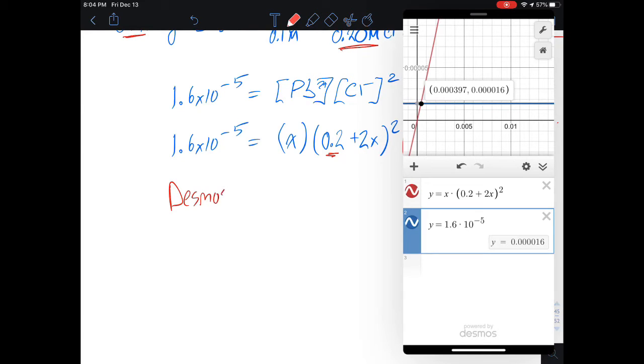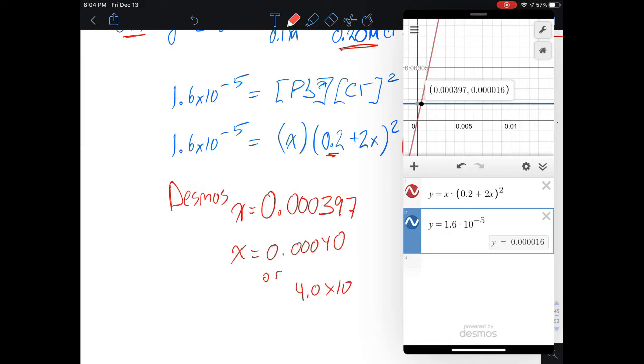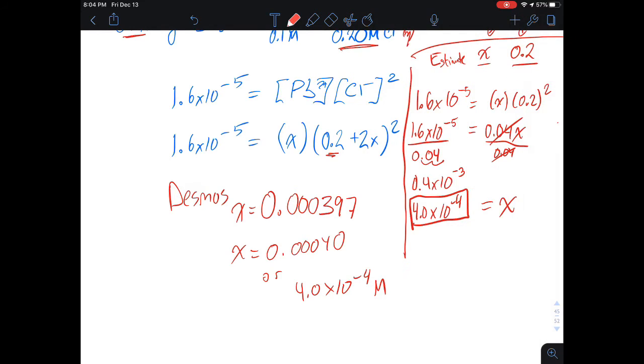So let's put that in there, Desmos, and we have x equals 0.123397. Well, golly, if we round that to two significant figures, 0.00040, or 4.0 times 10 to the -4. Well, that was a lot of work for nothing.